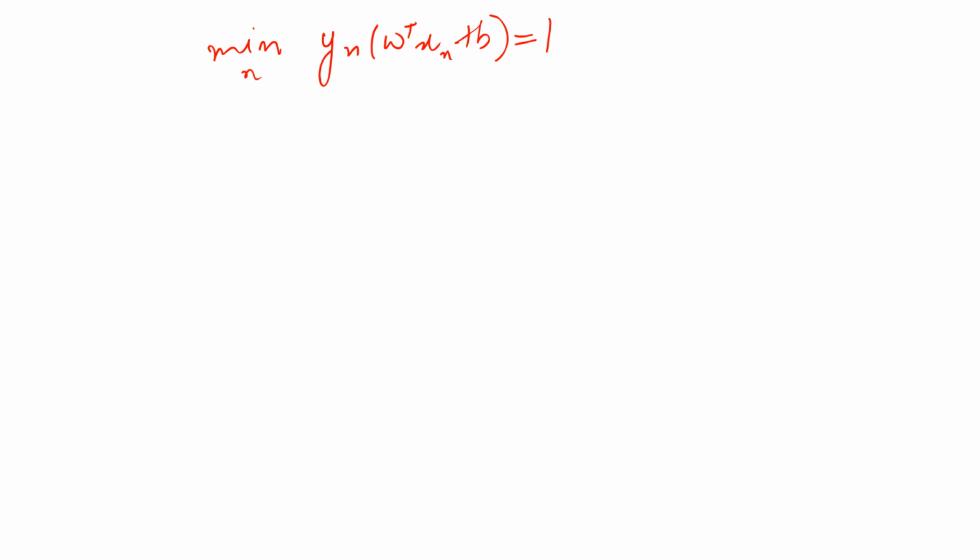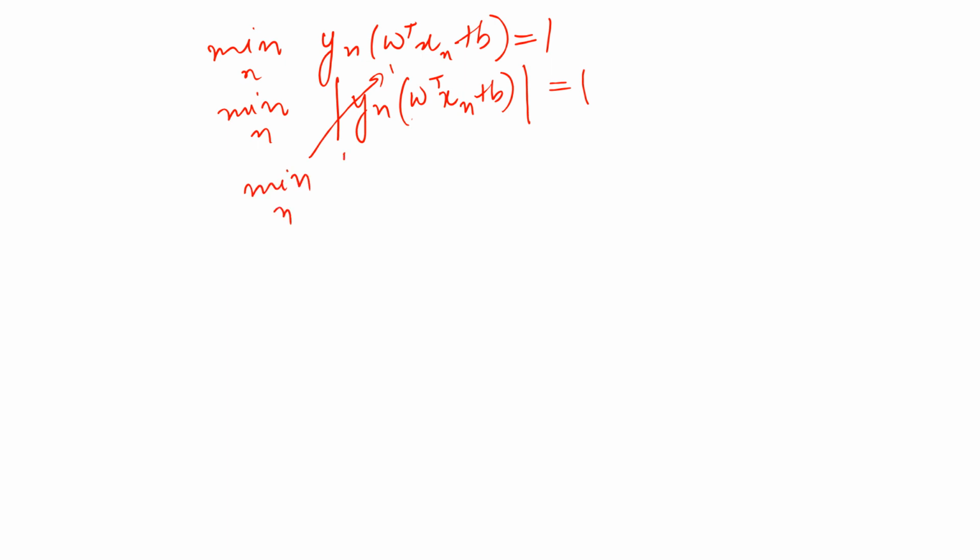Now we can rewrite it, given that everything is positive, so I can say the minimum over n of the absolute value of yn times w transpose xn plus b equals 1, right? Or if we just separate these, my yn for a classification problem is +1 or -1, and so the absolute value of yn is going to be 1 anyway. And so this becomes the minimum over all n of the absolute value of w transpose xn plus b equals 1.